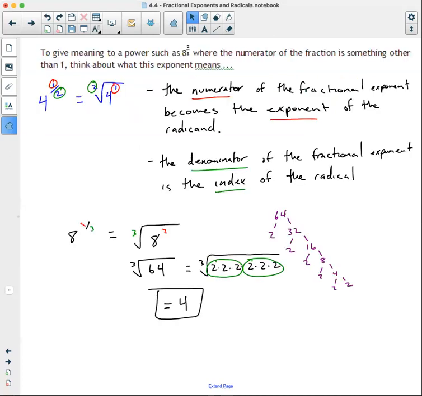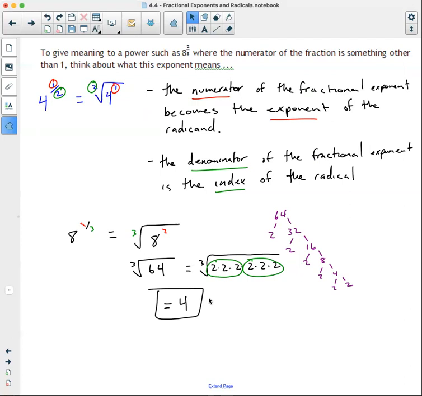Okay. So what that means in this example here: we squared 8 before we took the cube root of it. We could have also taken the cube root of 8, which is 2, and then squared it after. So 2 squared, which is 4. We get the same answer, okay?